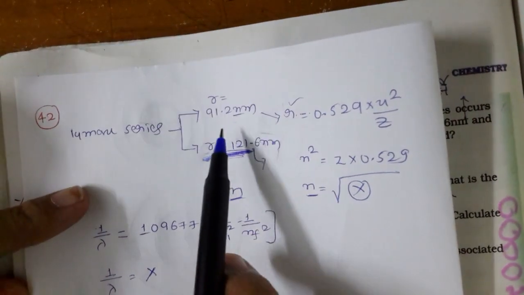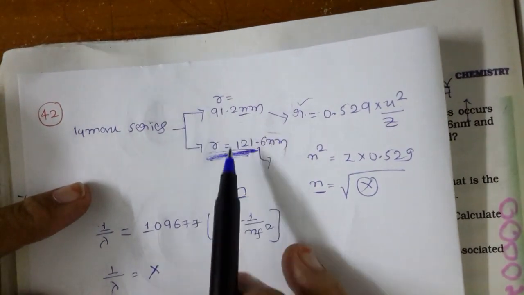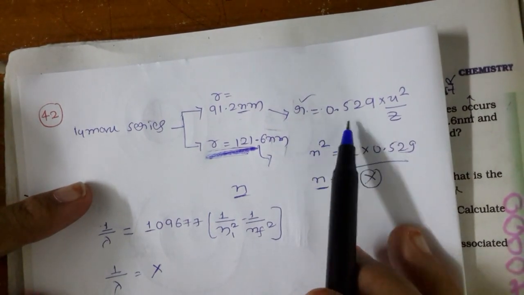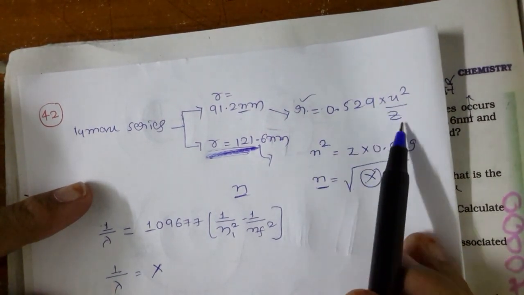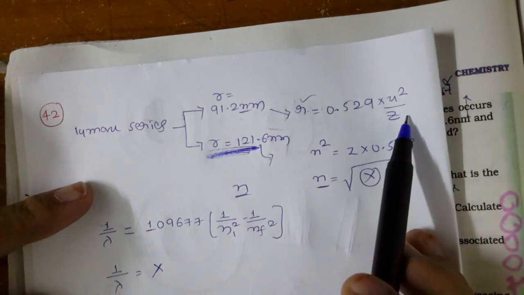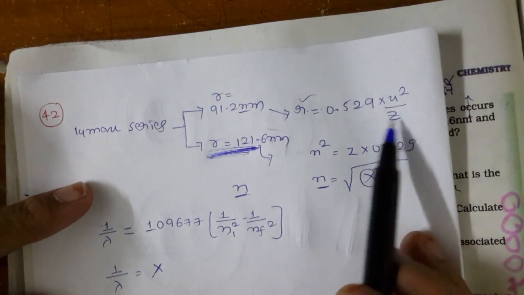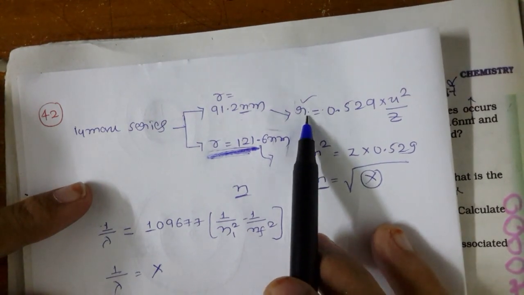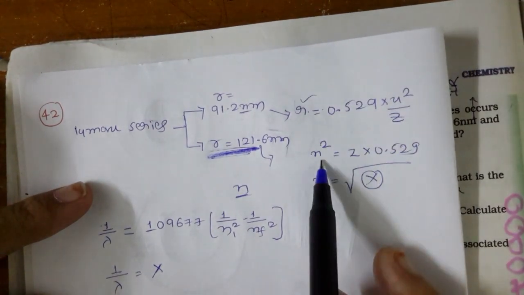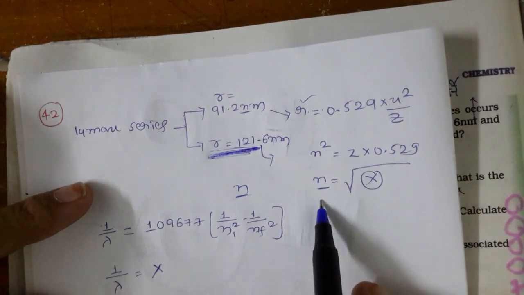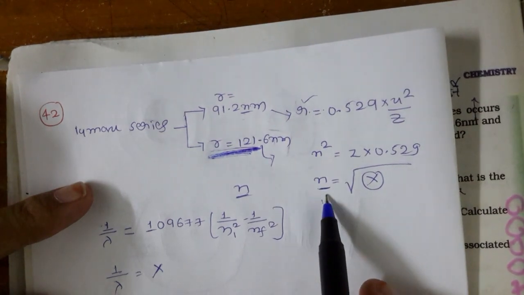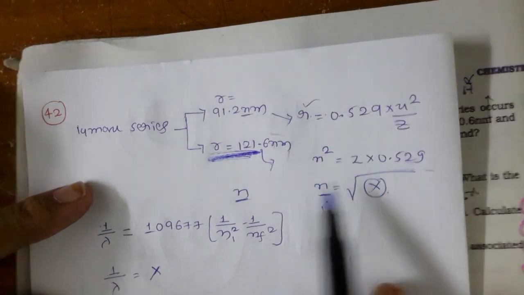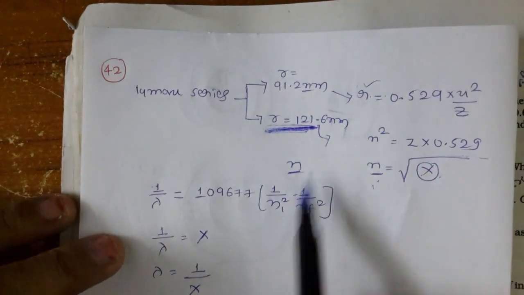From the radius we have the expression 0.529 into n square by z, where z means, for a hydrogen atom, z equal to 1. The r value is already given, and z you know, so you can calculate n square. But we need n, not n square, so n equals some value. If you simplify, you get a root something. From that you can tell.